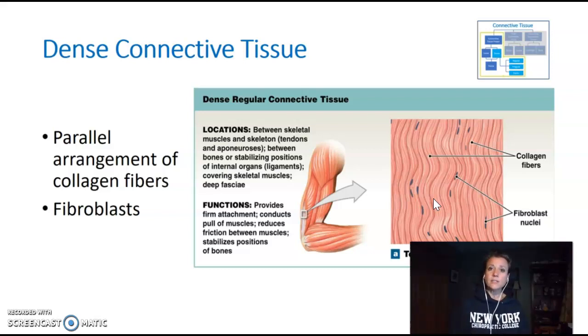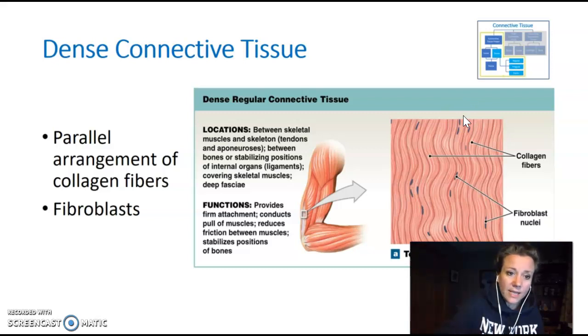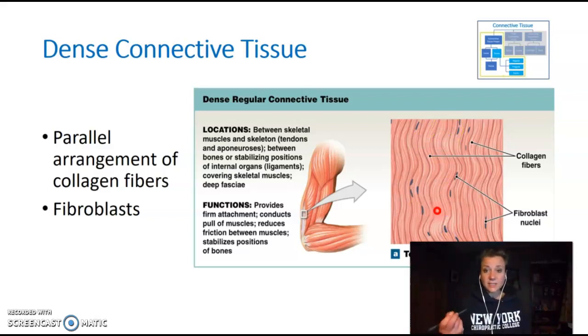But the reason why they don't tolerate those twisting movements very well is because of the arrangement of the collagen. As you can see in the picture, the collagen fibers that we have here are arranged parallel to each other, and they're very close to each other, packed densely together.